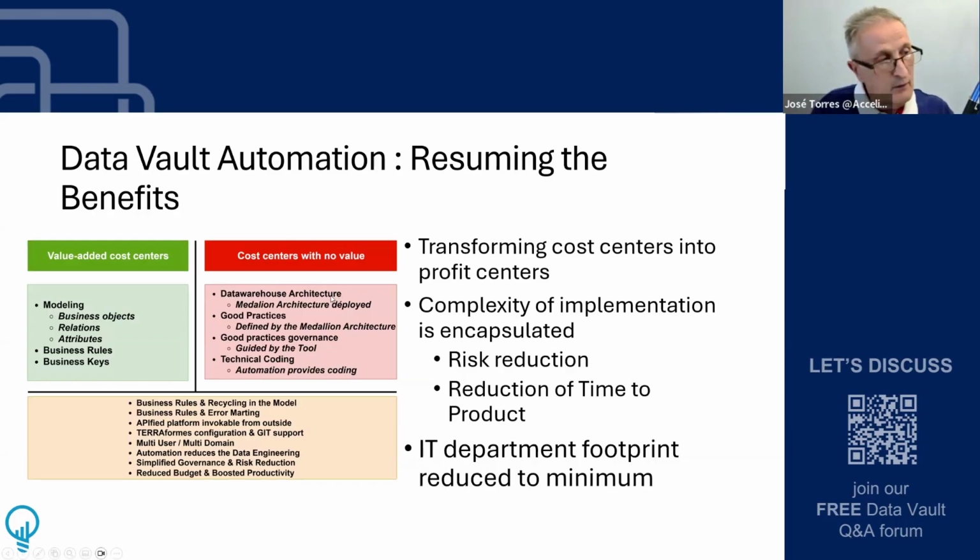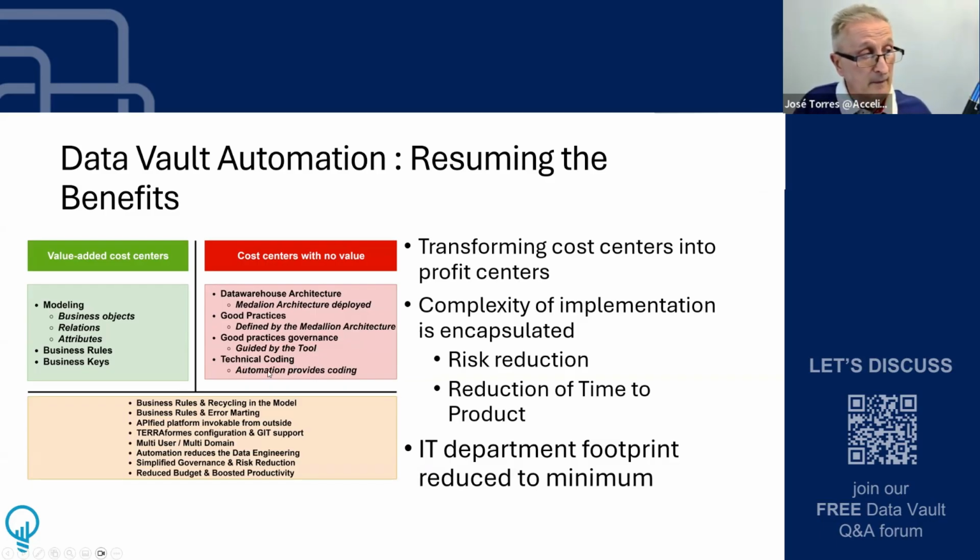Data Vault is the perfect architecture. Also, you don't have to set up good practices because these are perfectly defined in the bronze, silver, gold layer as medallion architecture. You don't have to put a governance on the good practices because the automation tool does it for you. You cannot go outside this governance.